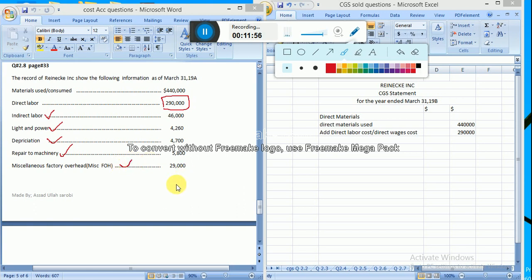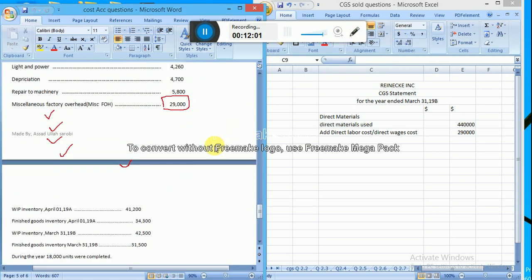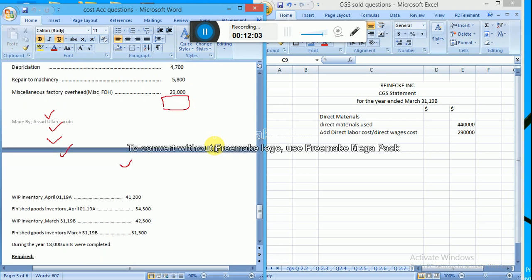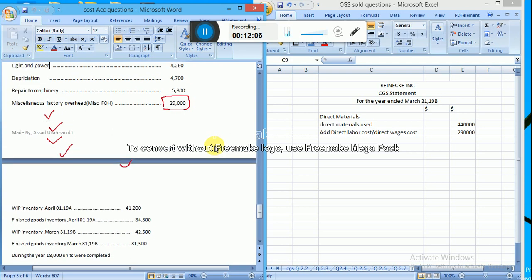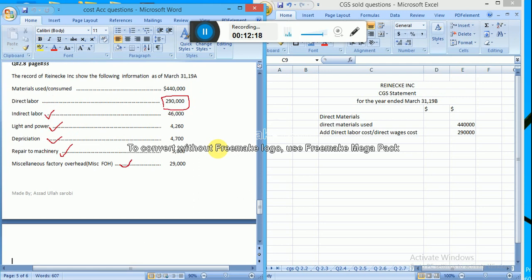And we will also check whether we have something more or not. Okay, no. So look at these: indirect labor, light and power, depreciation, repair to machinery, and miscellaneous factory overhead. All these are factory overhead.